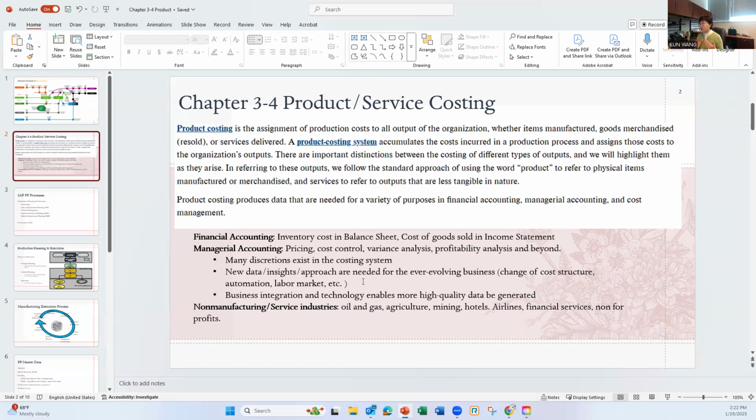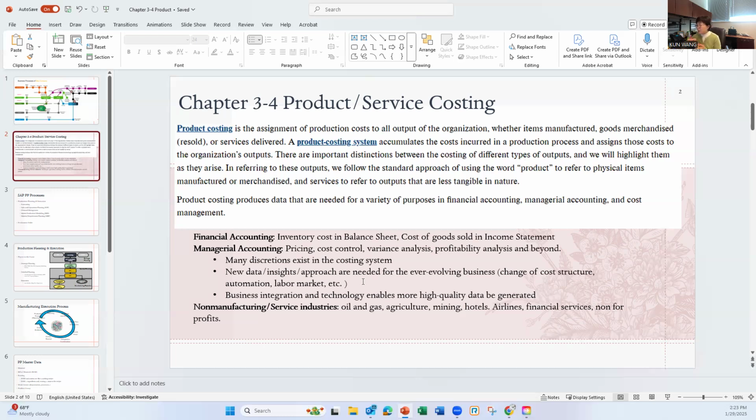There is no allocation between products or services; all of the period cost is deducted in the income statement. So that's the focus for product costing and the period cost.